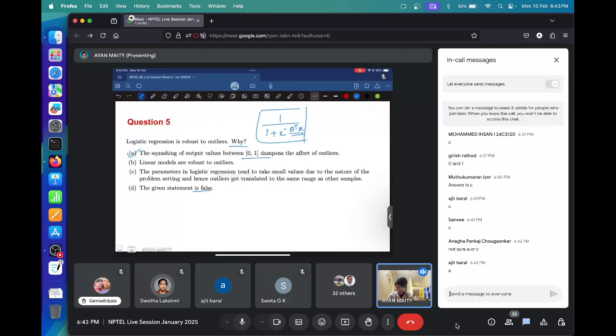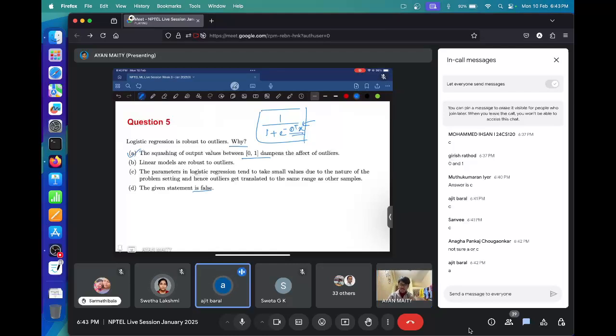This theta transpose x value may be very high because of the weight values theta or even for the output, but the sigmoid function brings it down to the range 0 comma 1 always. So even for outliers or noise points, the value might be very off from the original value, but those values are also brought down between the range 0 comma 1, so they don't have much effect in the training of the logistic regression.